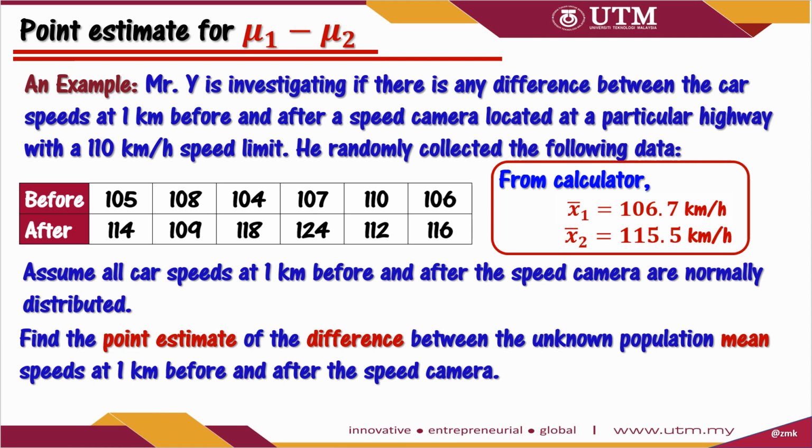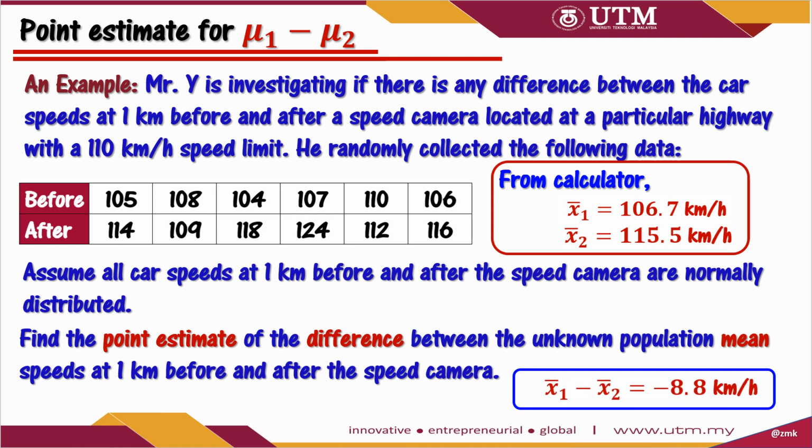Having obtained the values of x bar 1 and x bar 2, now you can get the point estimate for the difference between the unknown population mean speeds at 1 kilometer before and after the speed camera, given by x bar 1 minus x bar 2 equal to negative 8.8 kilometers per hour.